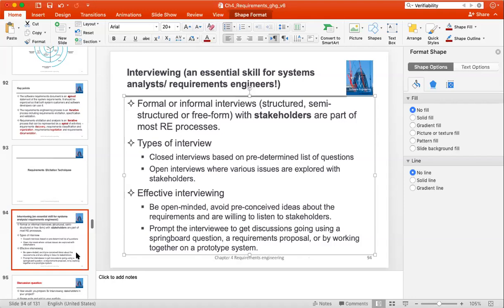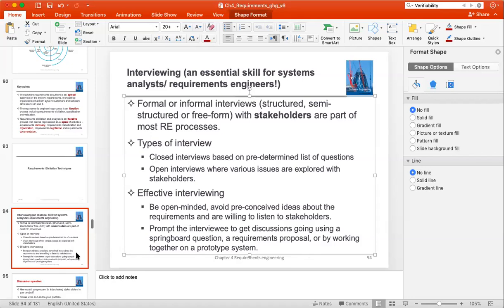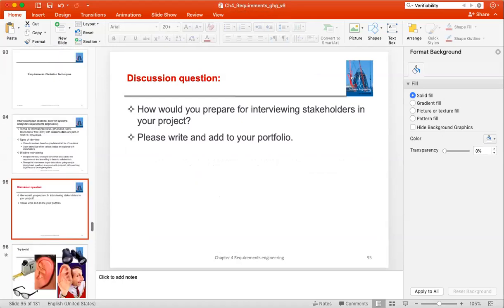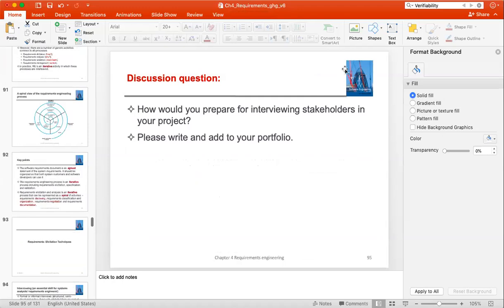So let's have a little chat on this. How would you prepare for interviewing stakeholders in your project? Okay, I need you to think of answers to these, please, and raise your hand once you have one. What would be the first thing to do when you think of your particular project?